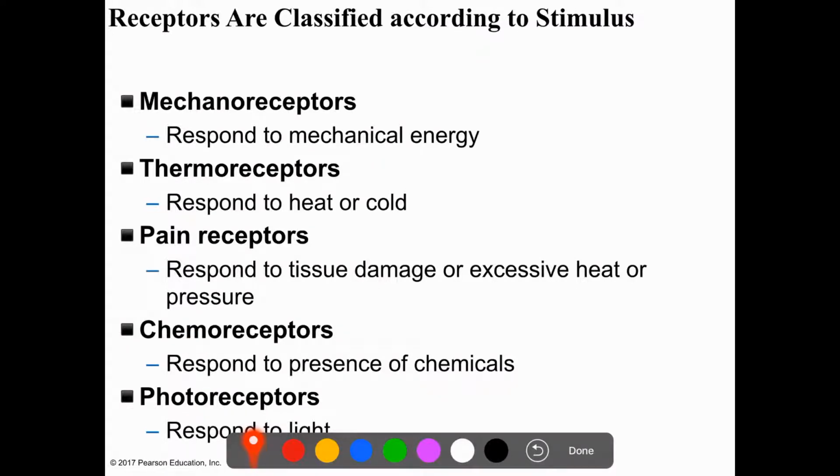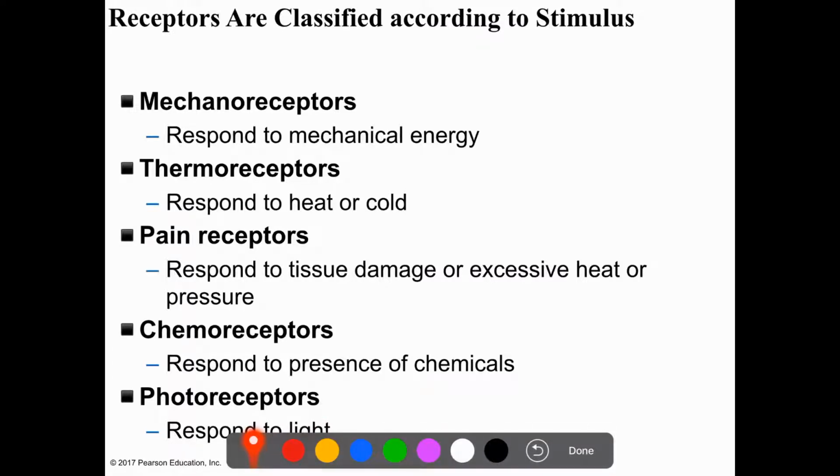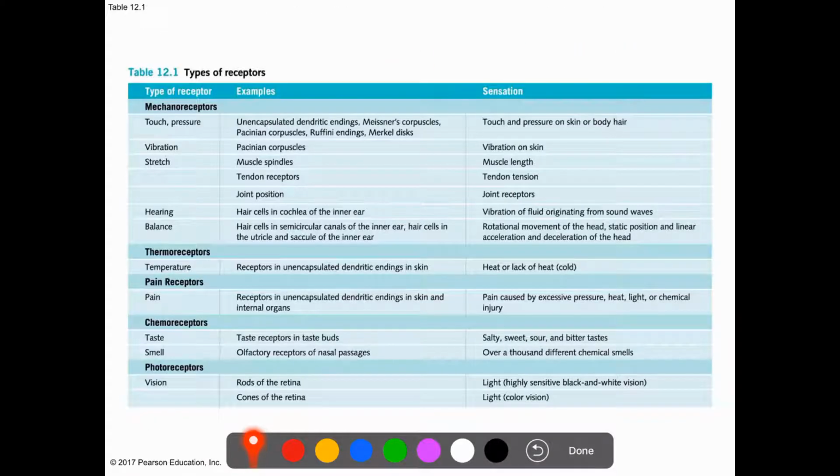And the photoreceptors respond to light. So these are the types of receptors classified according to the stimulus. This table summarizes the types of receptors, gives several forms of them, several examples, and several sensations.